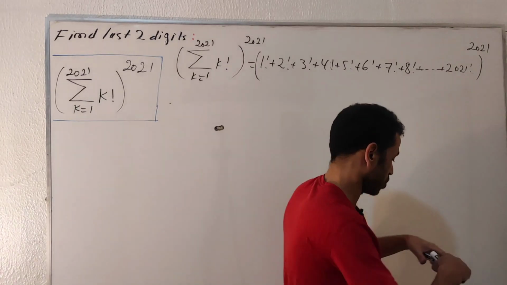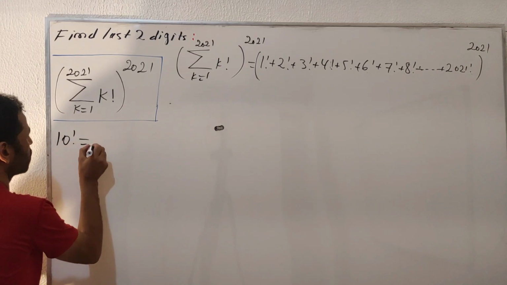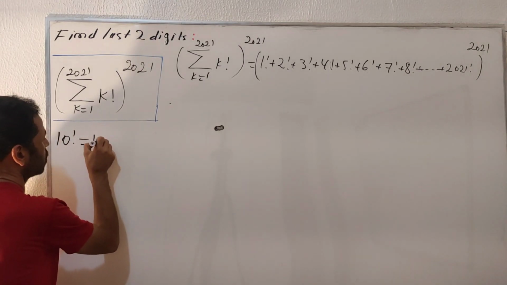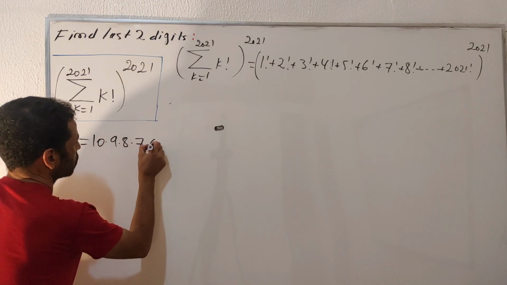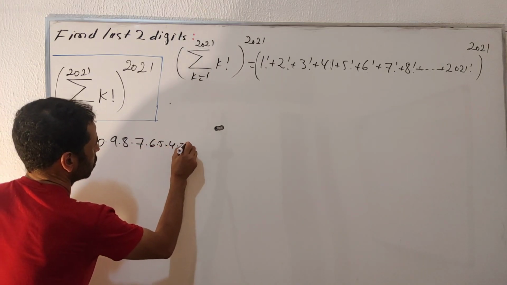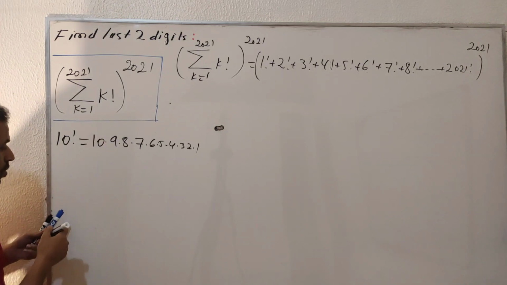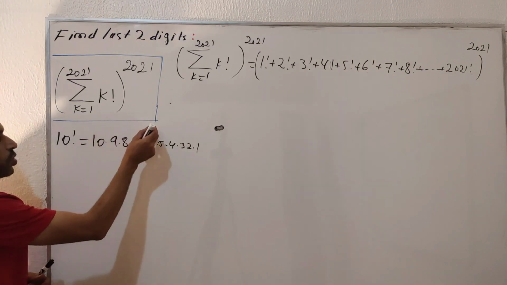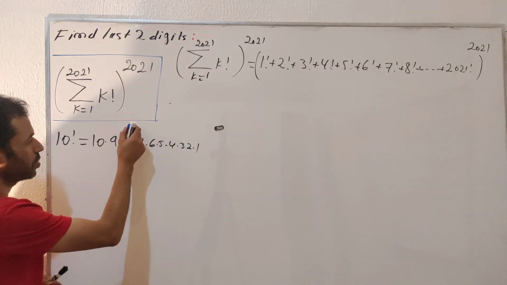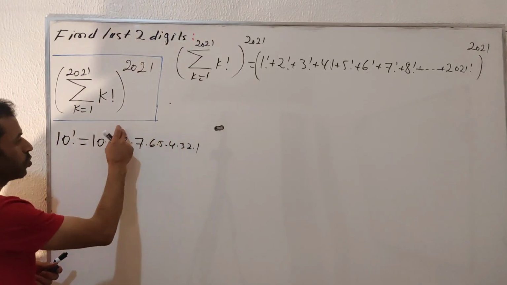10 factorial equals 10 multiplied by 9 multiplied by 8 by 7, 6, 5, 4, 3, 2 and 1. We already have 10 here. We need to find another 10 by combining two numbers from here.